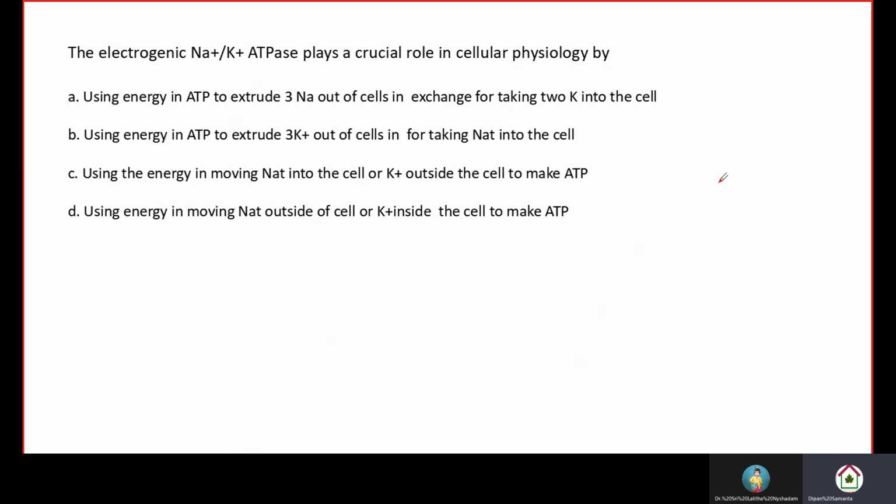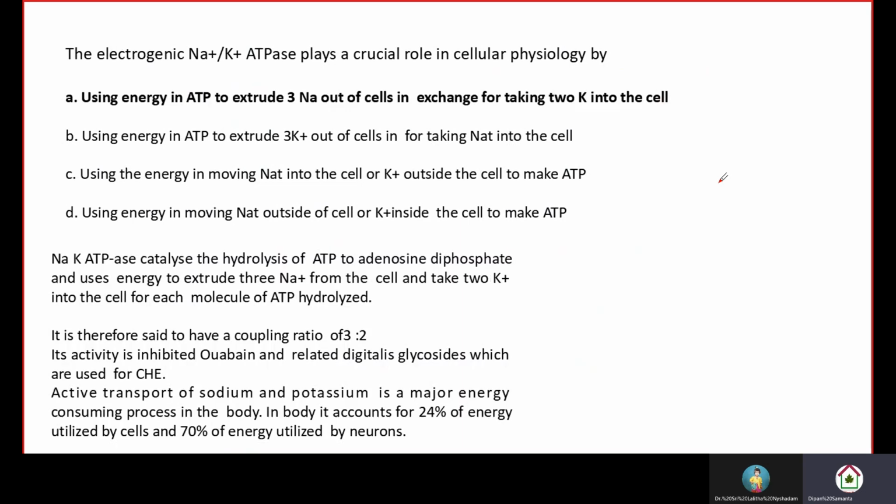So the answer will be A, using energy in ATP to extrude, this is the point, to extrude 3 Na out of the cells in exchange for taking 2 potassiums into the cells.